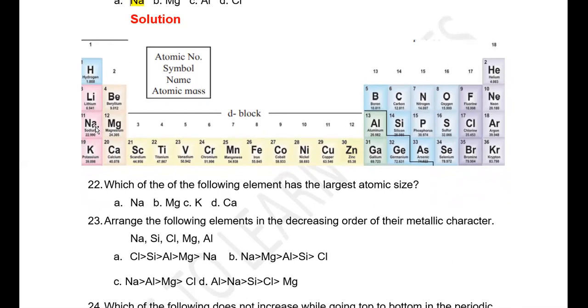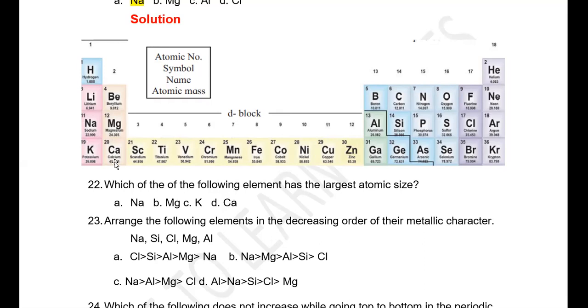So we can neglect sodium and magnesium because potassium and calcium have 4 shells. Now potassium and calcium belong to the same period. Now we want to check among these which has the largest atomic size. Potassium atomic number 19, calcium is 20. Potassium belongs to the first group, calcium belongs to the second group.